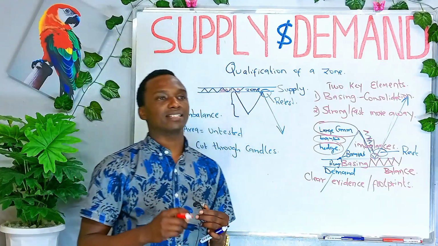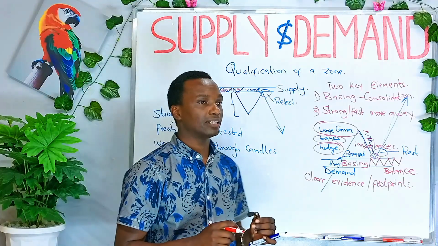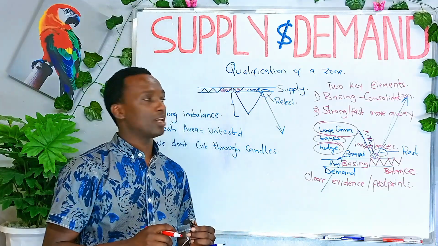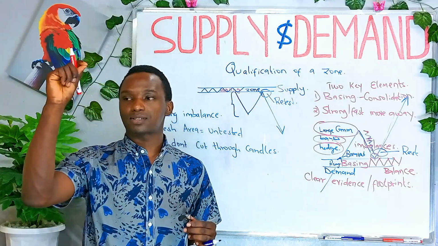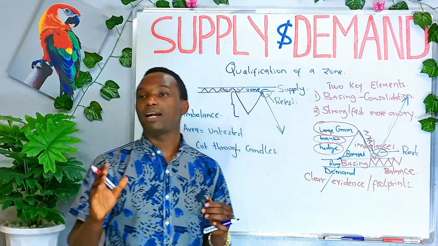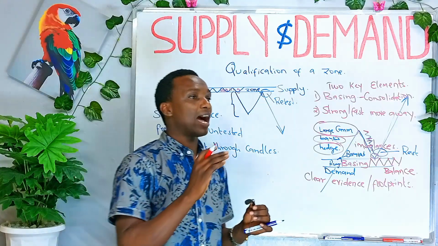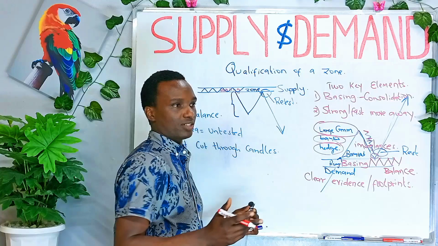Remember, we said that there are types of supply and demand zones. Okay? There are those that will happen at the extreme tops and bottoms, and there are those supply and demand areas that will happen in the middle of the price ranges.